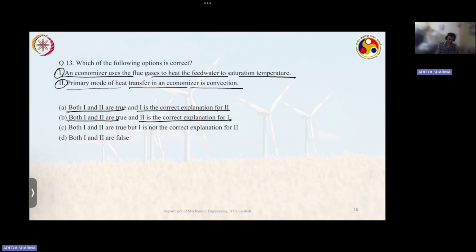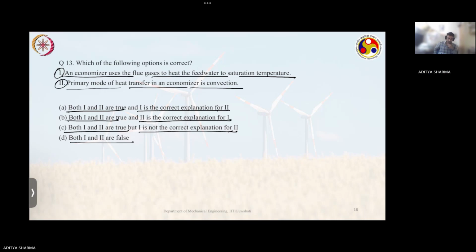The third option says that both 1 and 2 are true, but 1 is not the correct explanation for 2, right? And the fourth says that both 1 and 2 are false. So if you see the four options, you'll see that though both the statements 1 and 2 are correct, there is no linkage between the two statements in terms of 1 explaining 2 or 2 explaining 1.